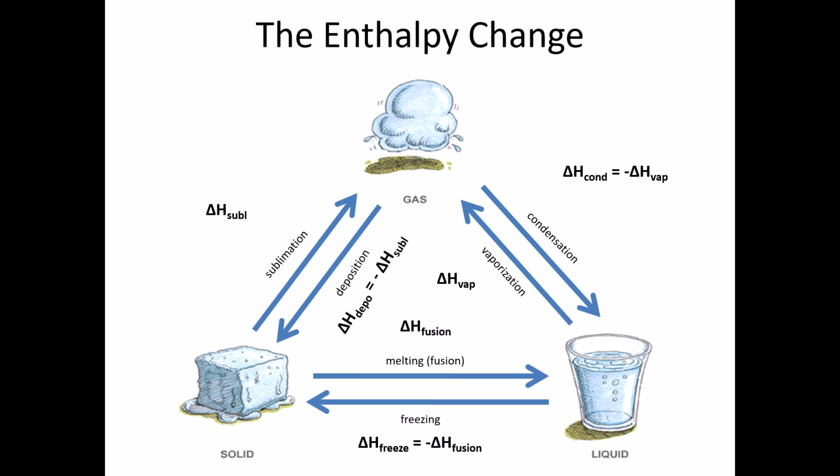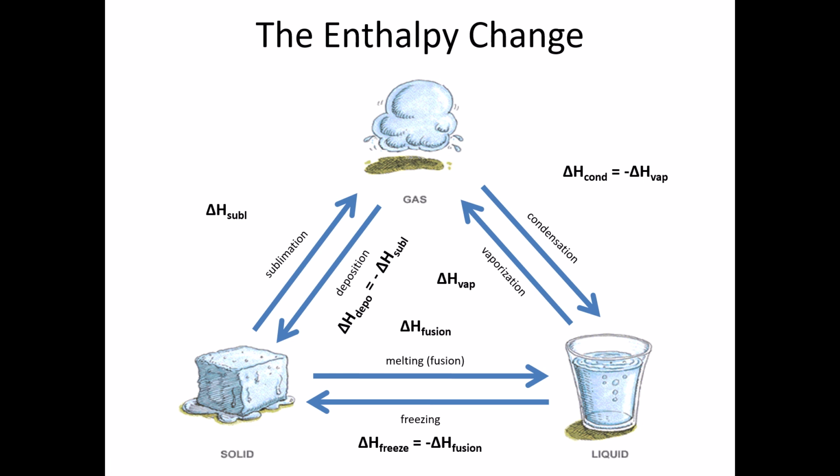These are really the only scientific values that are given a name that you can search tables for. Their inverse processes, such as enthalpy of deposition, enthalpy of freezing, and enthalpy of condensation, are not actual science values, and you can't really find tables of these.